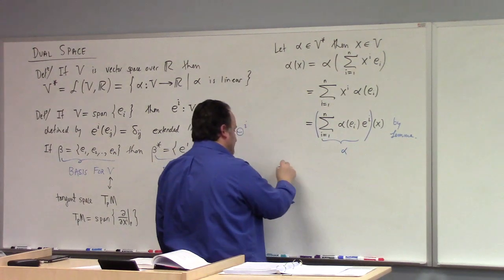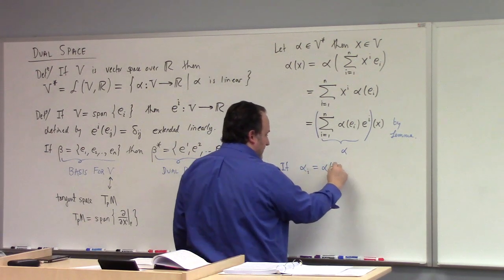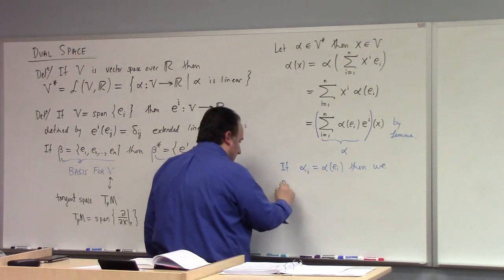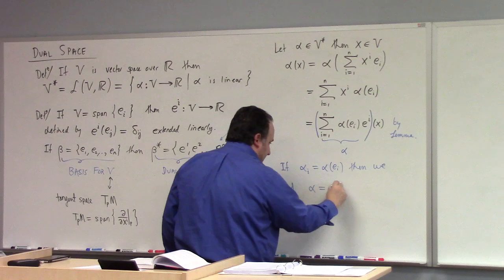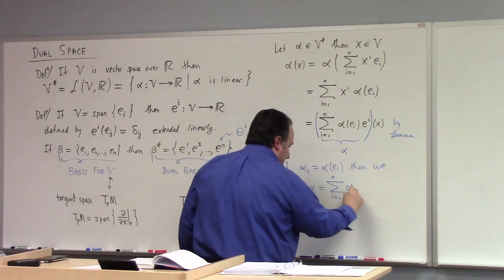So if we set alpha sub i equal to alpha of e_i, then we find that alpha is equal to the sum, i equals 1 to n, of alpha_i e upper i.